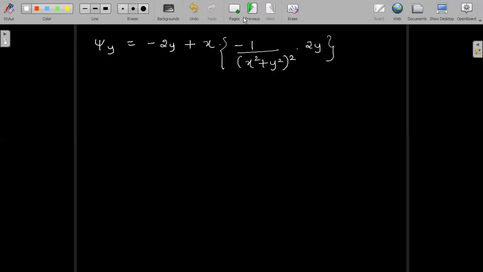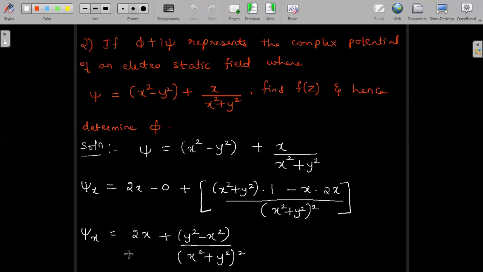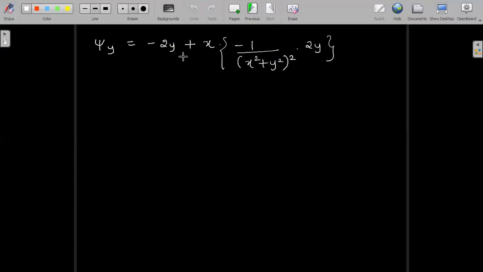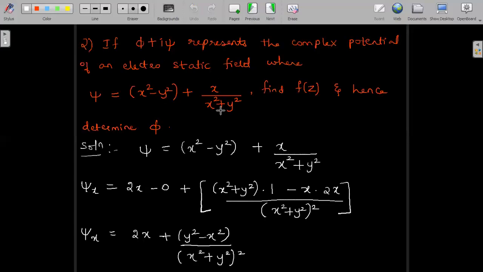So let me explain this once again. Differentiation of x square minus y square partially with respect to y is minus 2y. Then for the next term, we actually have x divided by x square plus y square. X is a constant when we differentiate partially with respect to y.